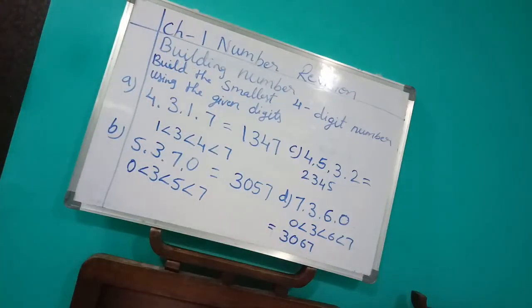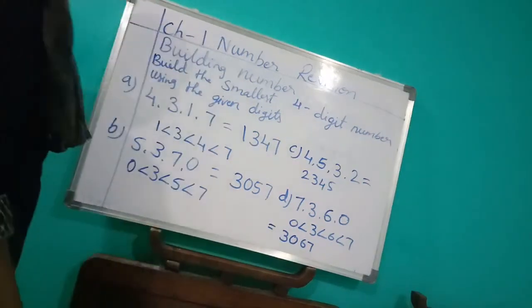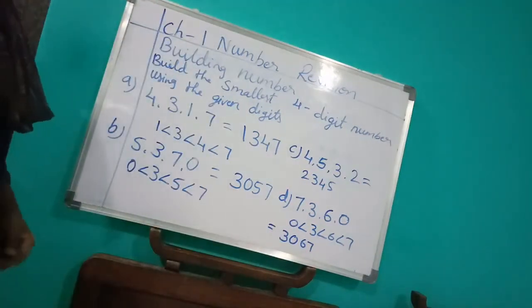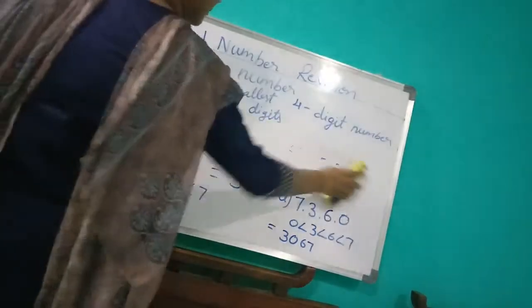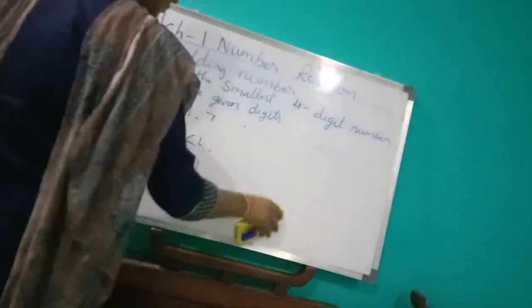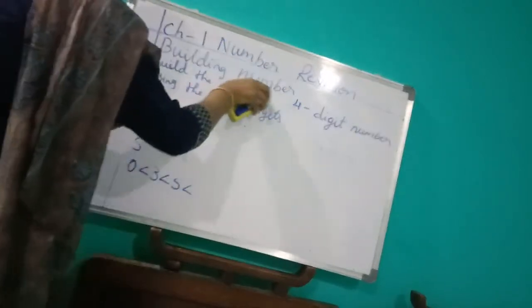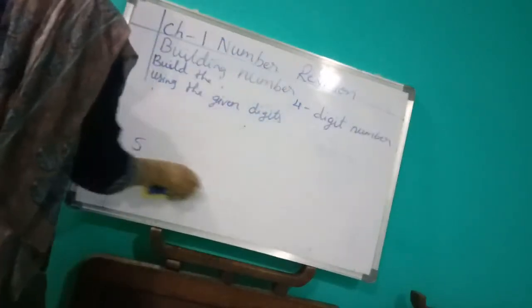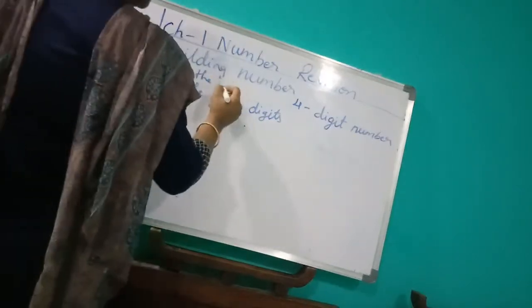This is smallest number. How to form the smallest number. Next, how to build the largest number. Build the largest number.